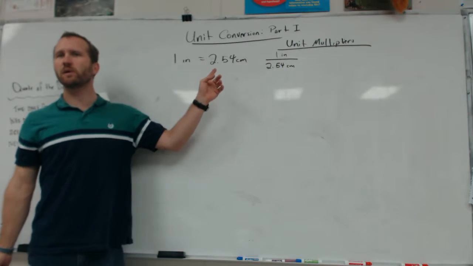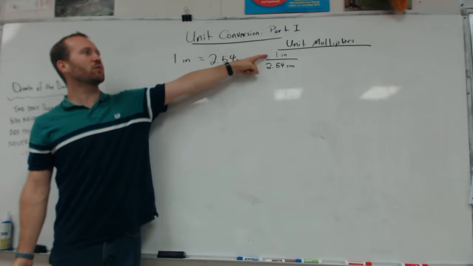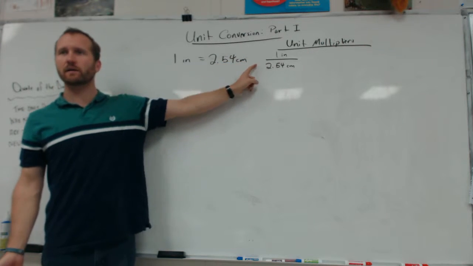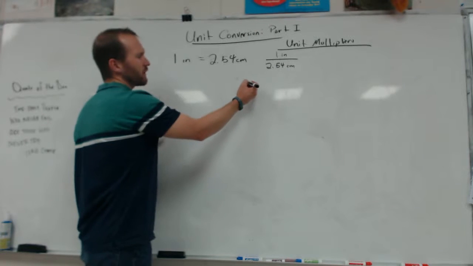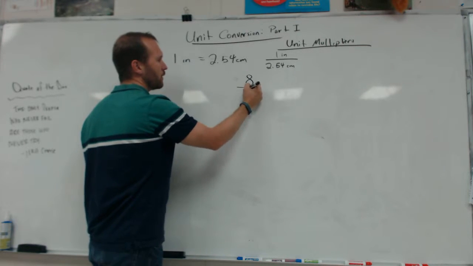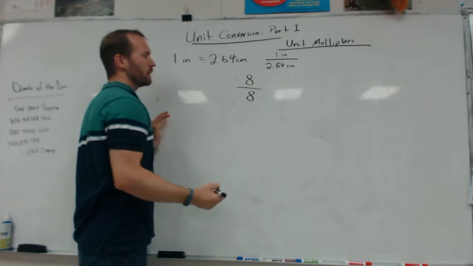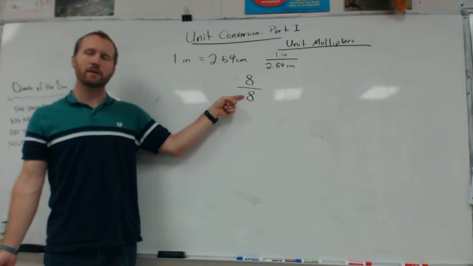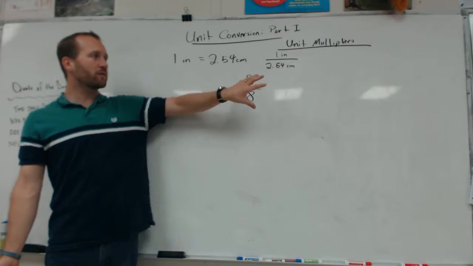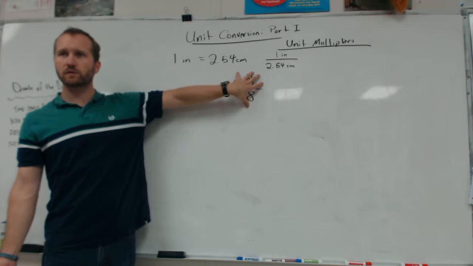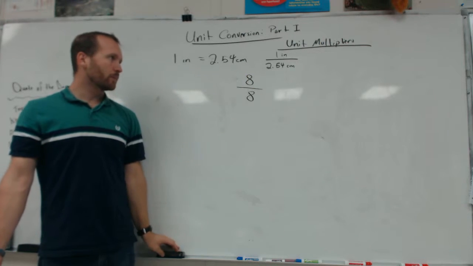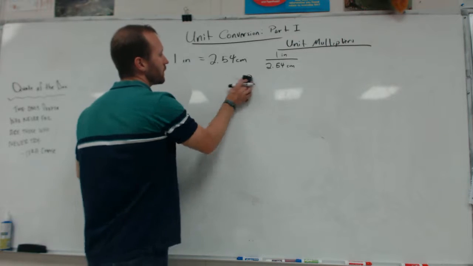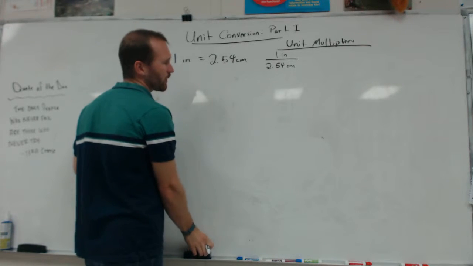Why is that equal to 1? Because the numerator is equal to the denominator. It's just like if I gave you this fraction, 8 over 8. Whenever I have a numerator that's equal to my denominator, the whole fraction is equal to 1. So this is our first unit multiplier.